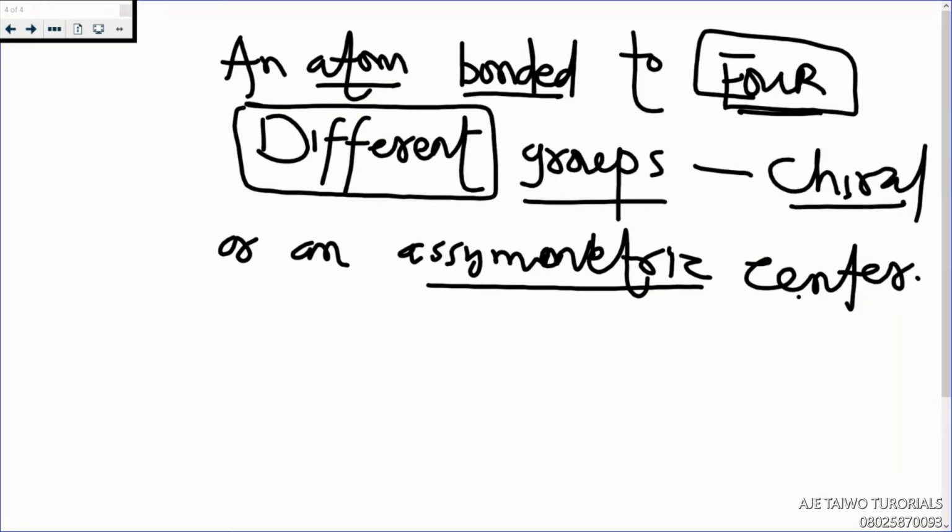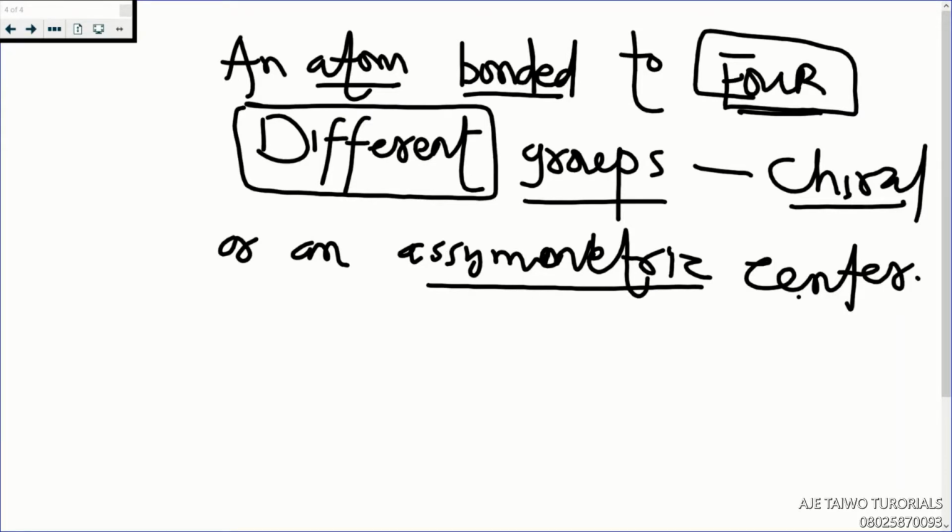Let's write, please. This atom has different groups surrounding it. Full stop.